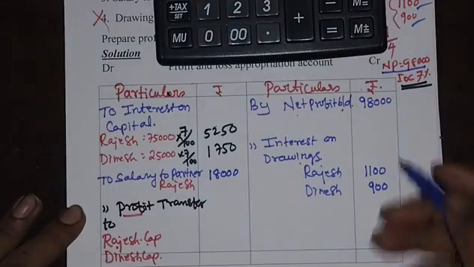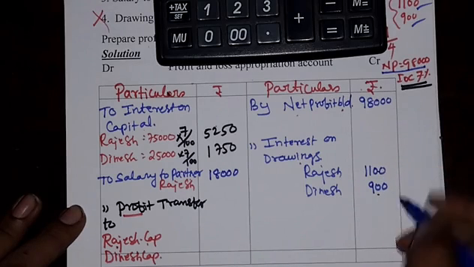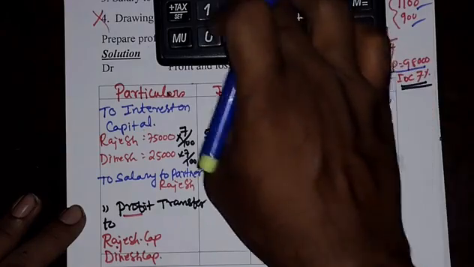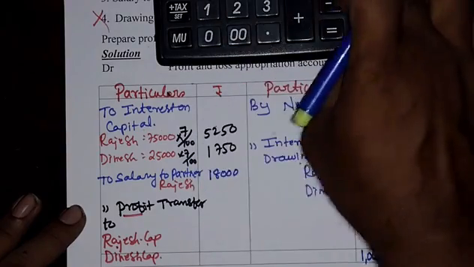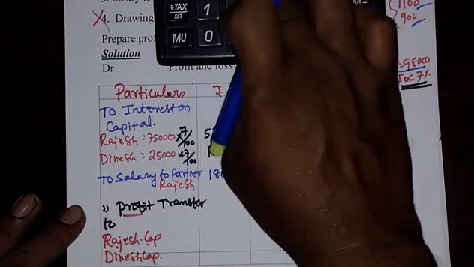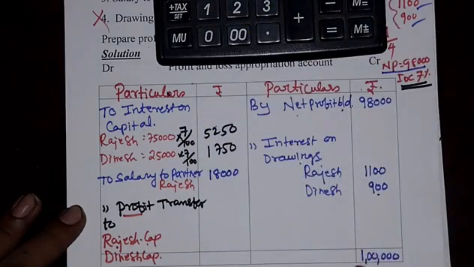So what I need to do, 98,000 plus 1,100 plus 900. Overall total it is 1 lakh rupees in the credit side and debit side is 5,250 plus 1,750 plus 18,000 equals 25,000 we get.